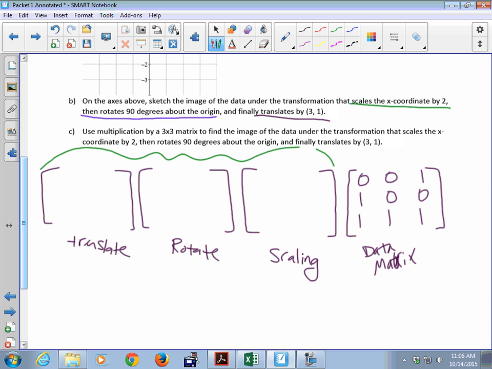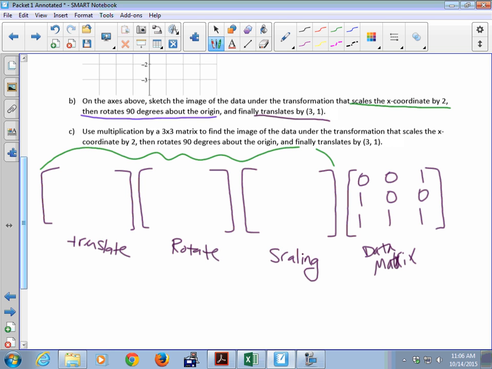You need to multiply everything else together to get a transformation matrix that can then be multiplied by the data matrix. So you have to do the order scaling, rotate, translate. I know it's a little weird. Well, why can't we just write it starting on the left-hand side?